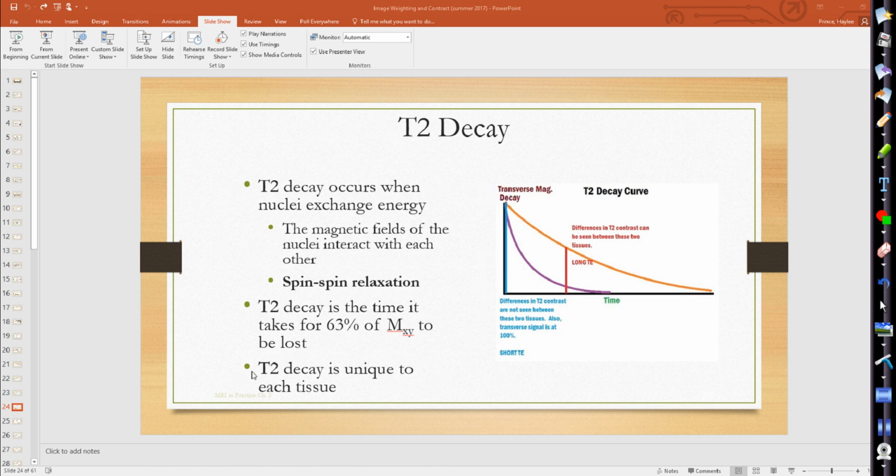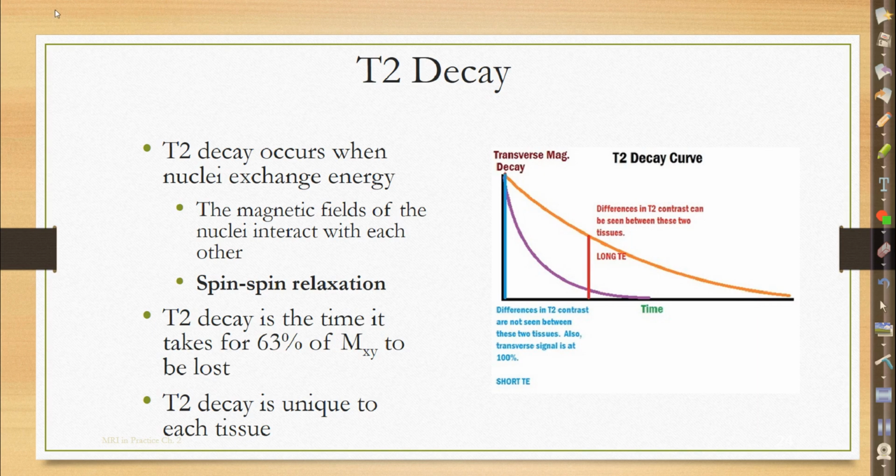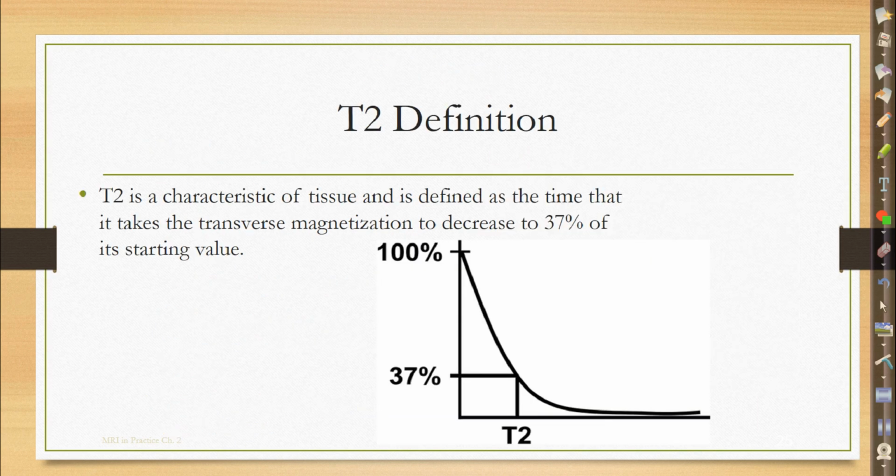T2 decay is unique for each tissue, just like in T1. So here's that curve drawn with 37%.